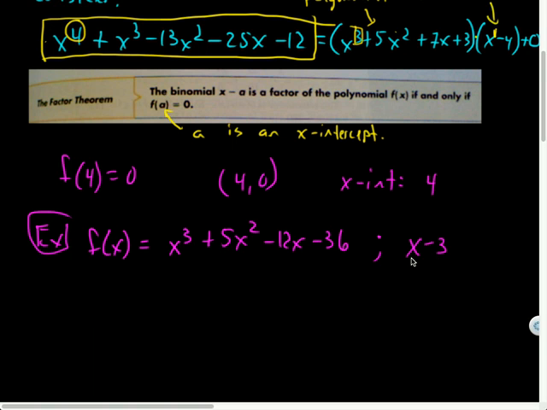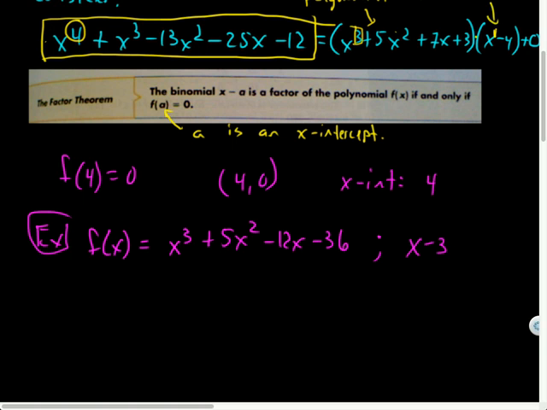Eventually we'll have techniques of guessing what an initial x-intercept will be. At this point in this chapter, they'll give you your seed factor. They'll give you a starting point that you can synthetically divide to figure out if it's factorable, and then to get depressed polynomials and go from there. So they'll give you a starting one, but eventually we'll have some strategies to find that to begin with.